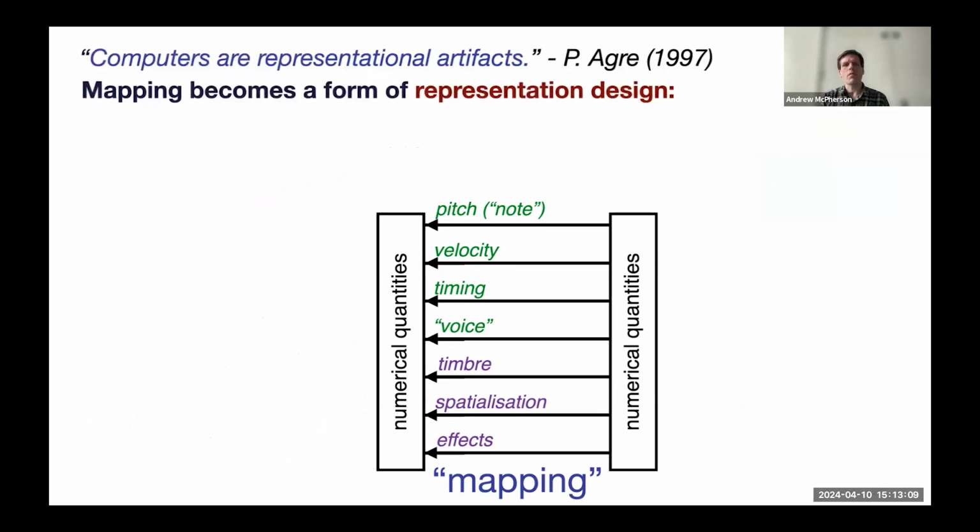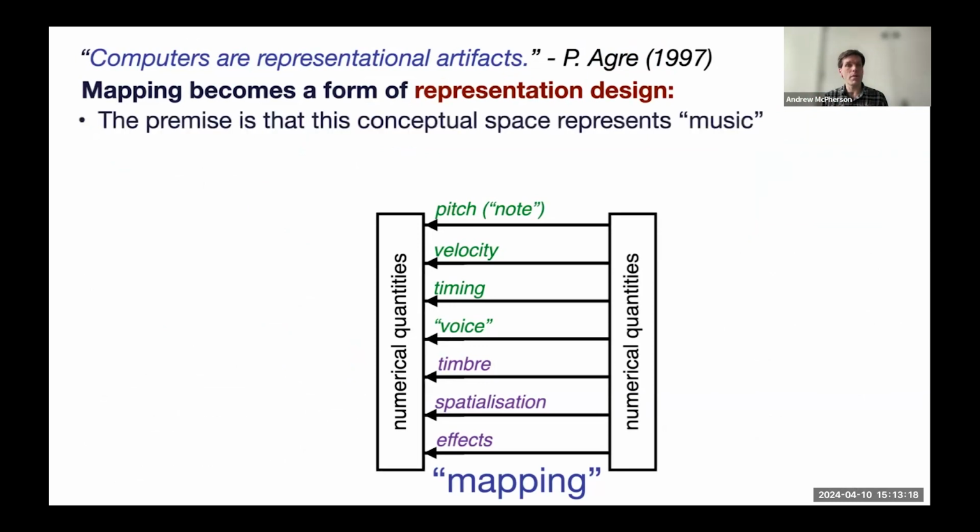So looking at mapping from a critical perspective, what I'd claim is that it's a form of representation design, i.e. our premise is that we have built a conceptual space, and that conceptual space is somehow representative of music, whatever we take that to mean. And the reason that this works, as we would think as designers, is that somehow we have made a machine that is aware of the important musical qualities that it is controlling.